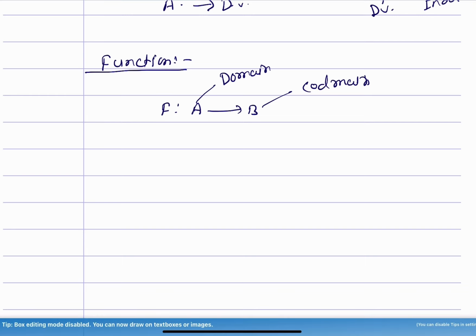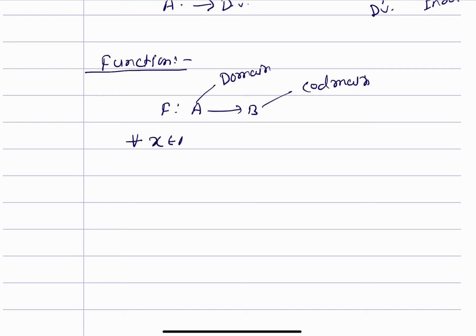Okay, now so we are going to define: for all x belongs to A, means all the members of A, there exists a unique y belongs to B such that f of x equal to y.